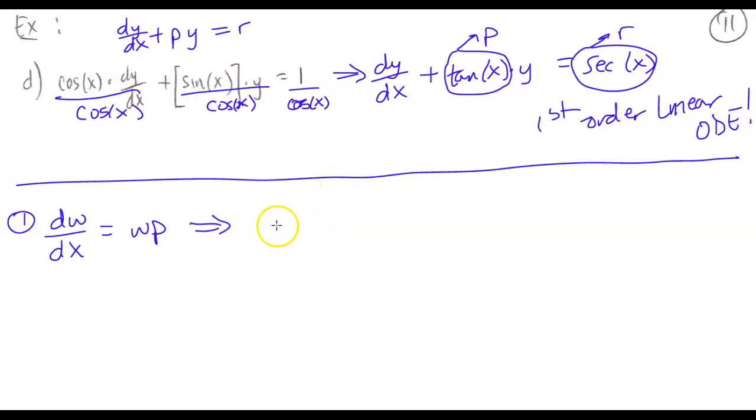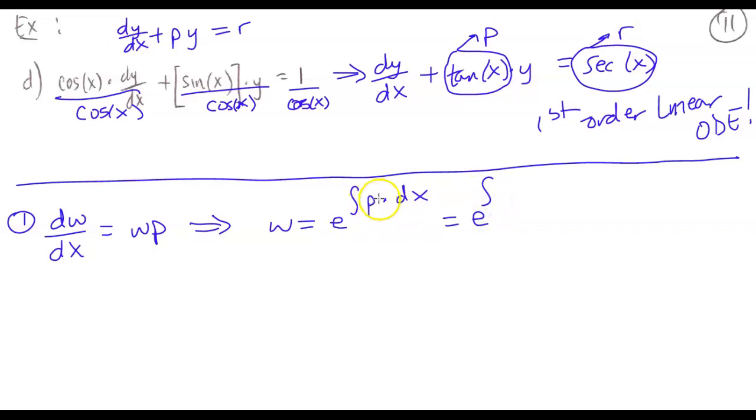The integrating factor will end up being w is equal to e raised to the integral of p dx. And I'm going to leave off the plus c now because that part really doesn't matter, and I think I've said it enough in some of the other examples for you to catch on to that.